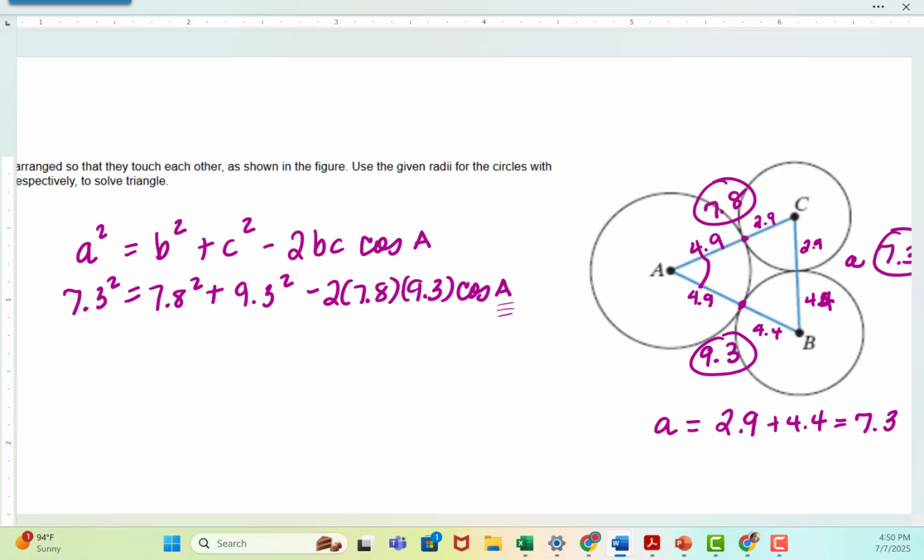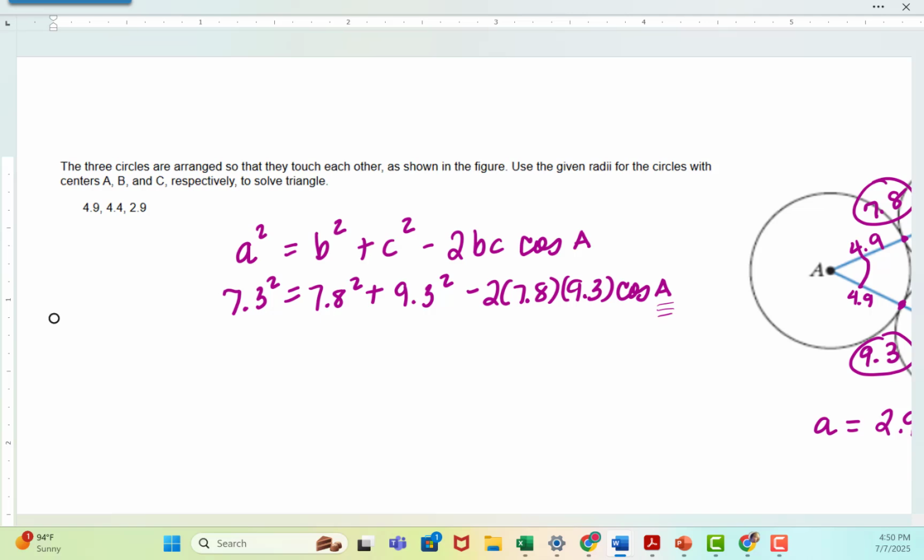And be careful. You could go ahead and put this in your calculator, but I prefer to just move everything around and then go to the calculator last. But make sure that you do that carefully, following the order of operations.